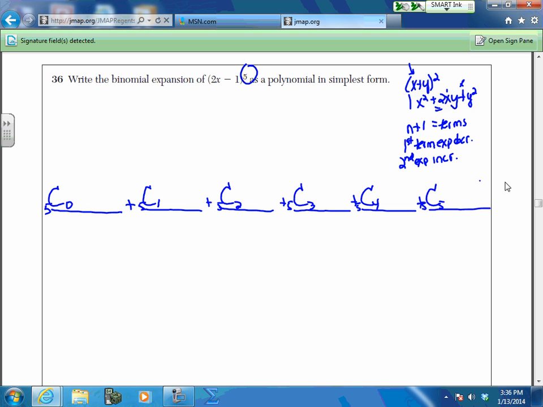Now, your first term of this is 2x. Put the 2x in parentheses all the way down. This is the one that's decreasing.